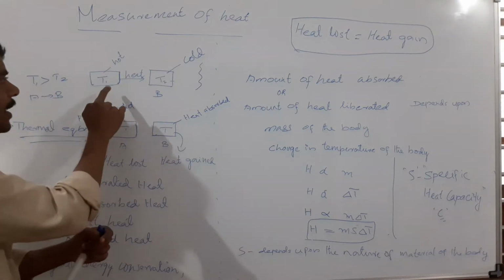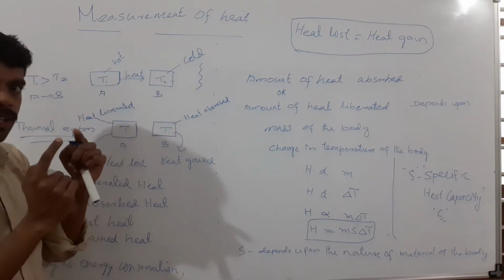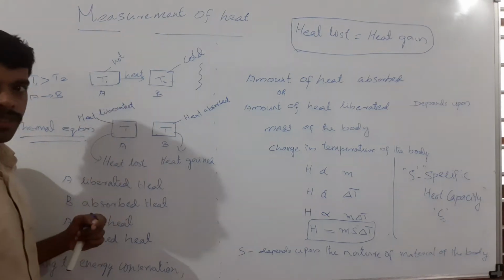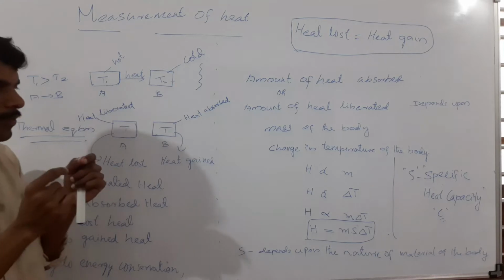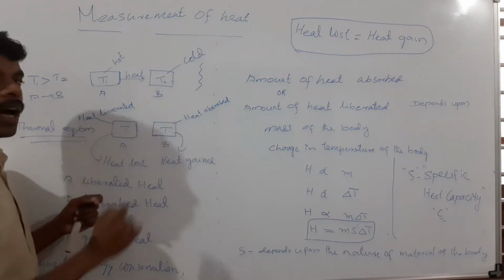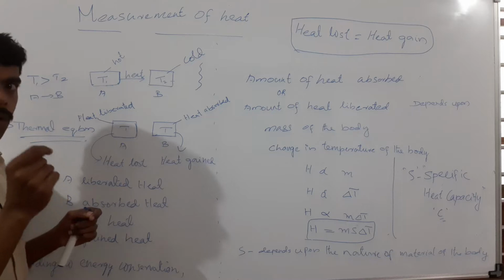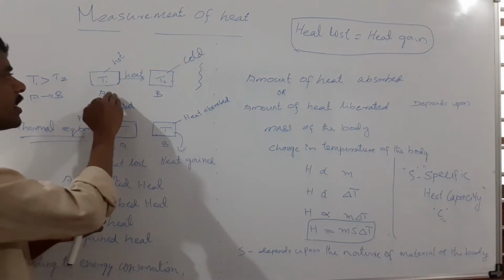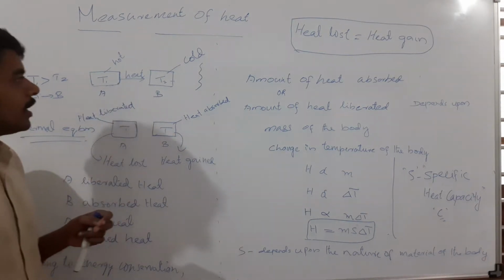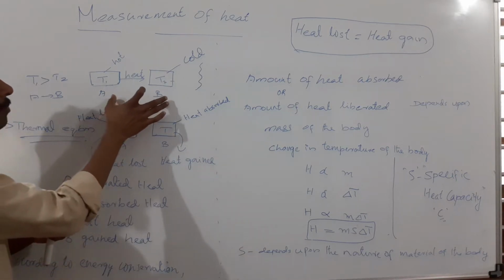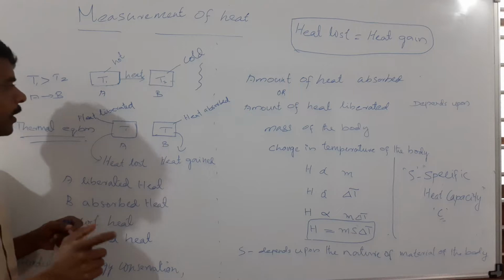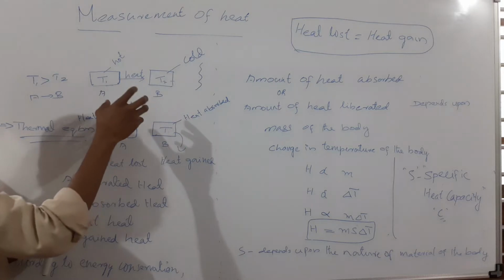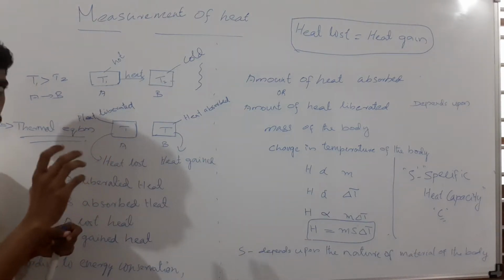When A and B are attaining the same temperature, then heat will not flow from A to B. In that condition, if A and B have attained a common temperature, we can assume that heat flow is stopped.